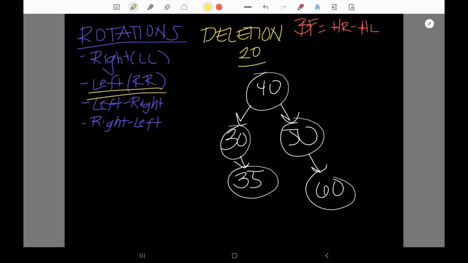The same goes for deletion. If you delete, let's say 50, then 60 is going to be here, but it is still balanced. Yes, because there's only 1 here minus 2, which is negative 1, and it still passes the parameters of being an AVL tree. So we're going to move on to left-right rotation.